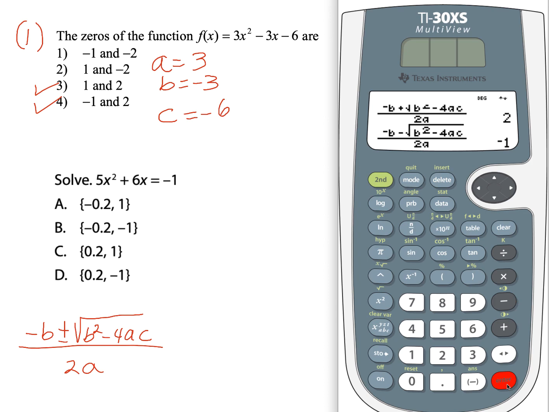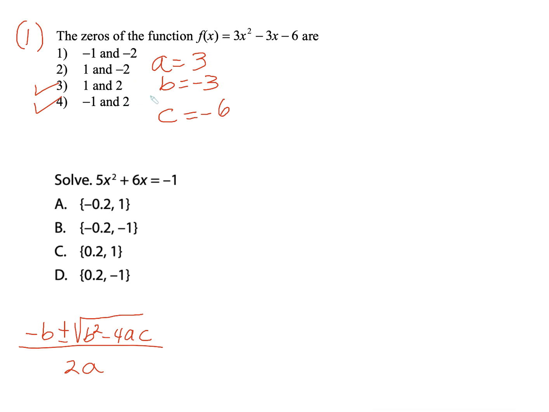And our other value is -1. Our zeros are 2 and -1. The answer is actually 4. Now I know some of you are probably wondering, why are there 2 answers? The reason for that is because your leading coefficient, the greatest exponent, is a 2, which means that you will have 2 solutions.